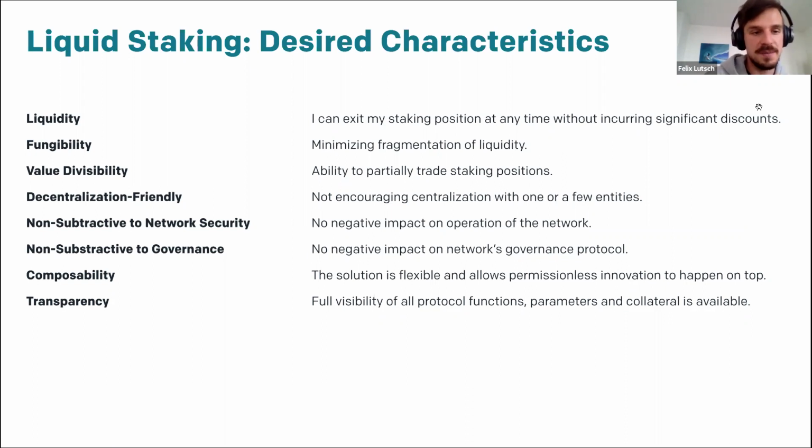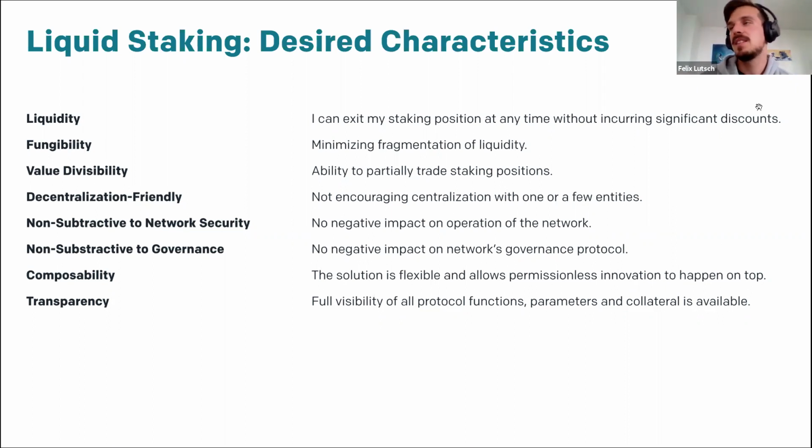The other point that we saw in some solutions is value divisibility, and shout out to Everett for coming up with that term. It is the ability to partially trade or sell your stake position. So I don't have to sell my whole account or something.